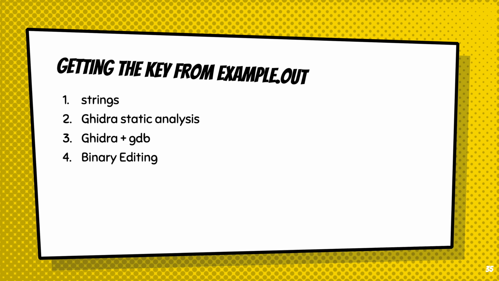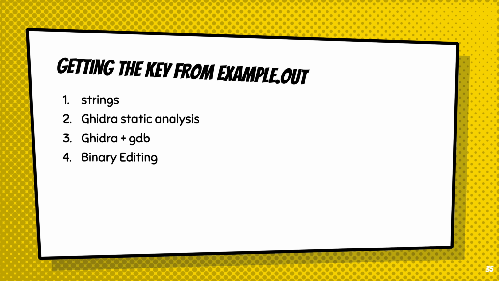In summary, in this video, I showed you a couple of tools, and how to use these tools to solve the problem from example.out. Specifically, I showed you 4 different approaches. The first approach is to use strings to read the string out of example.out, and the second is to use Ghidra as a static analysis tool to find the embedded string.